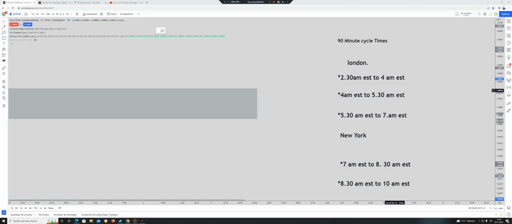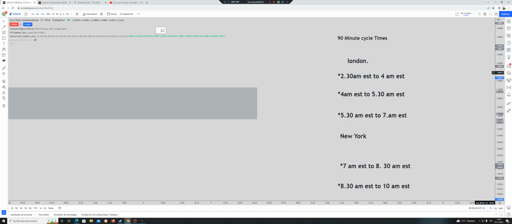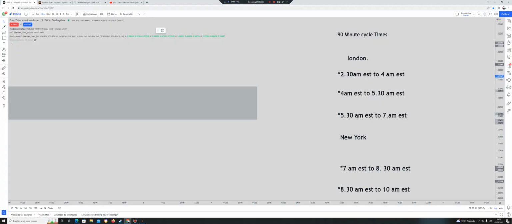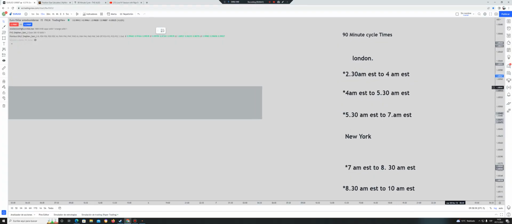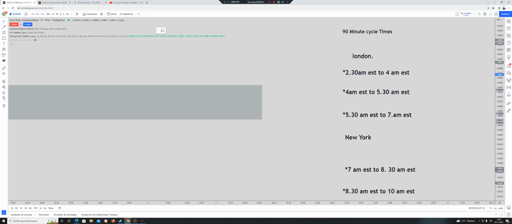Let's say 6. Okay, we know that the CLS distributes the liquidity every 90 minutes. That's why we put 5:30, but we can use 5:30 or 6. We should start to take partials or to track the whole trade at 5:30.